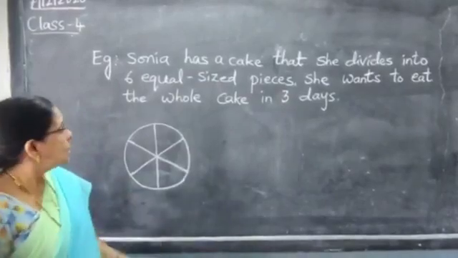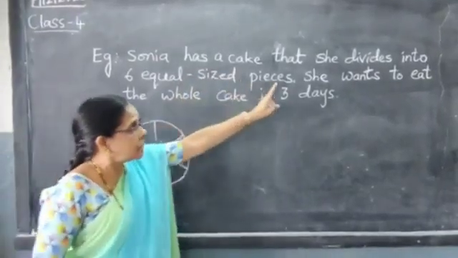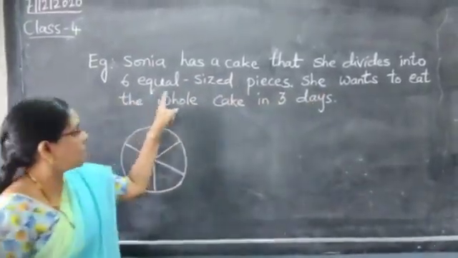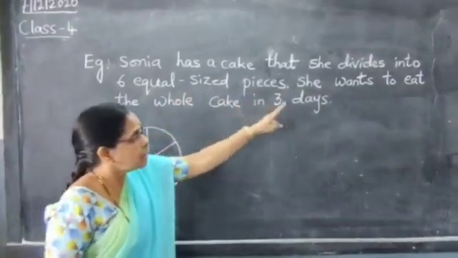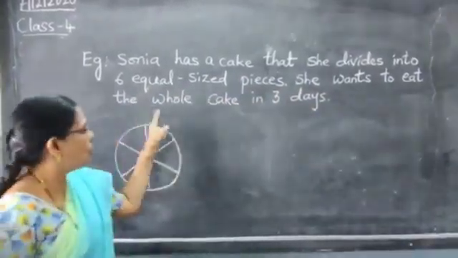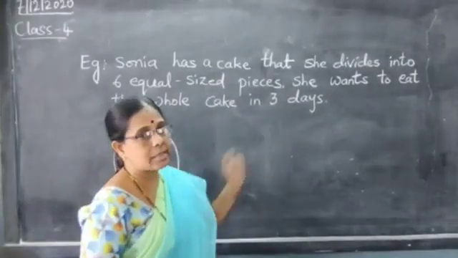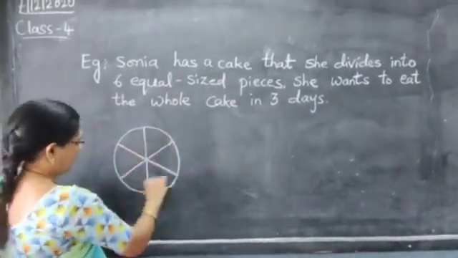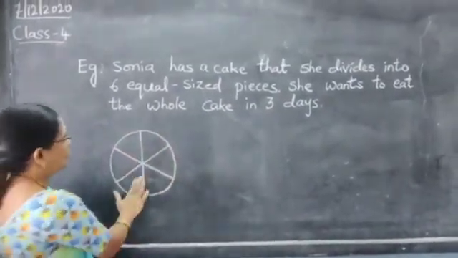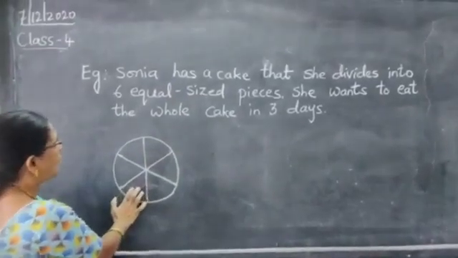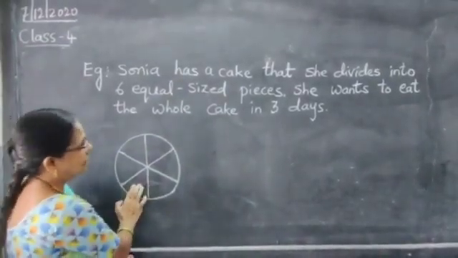For example, Sonia has a cake that she divides into 6 equal sized pieces. She wants to eat the whole cake in 3 days. These are the equal sized pieces of cake.